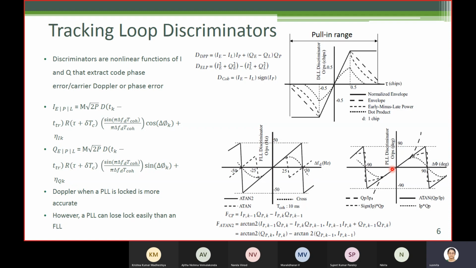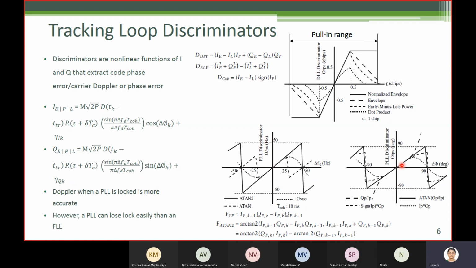Below 30 dB-Hz generally for a traditional receiver, the PLL cannot be locked because the error goes beyond the pulling range. So to have the PLL locked, C over N naught should be good.